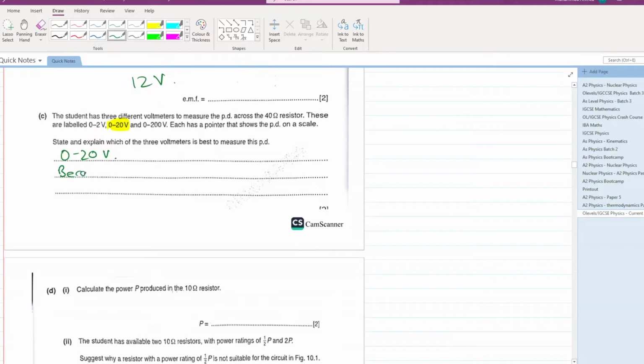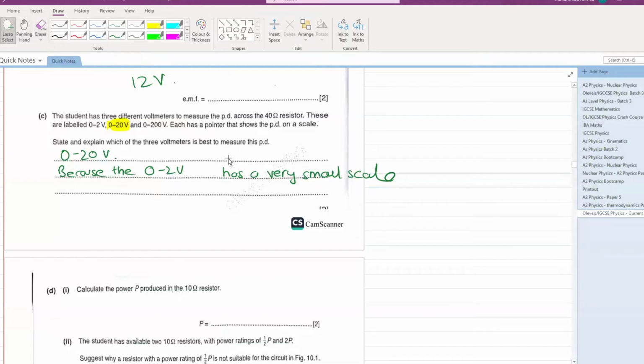Because the 0 to 2 volts has a very small scale.